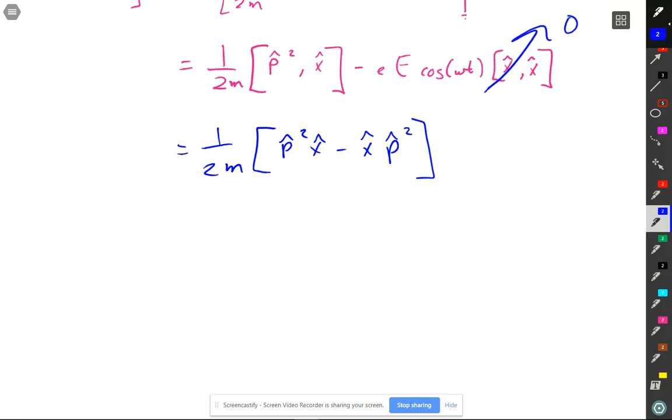And then there's kind of a tricky thing to do to simplify your work. And I should have changed that to a parenthesis rather than the bracket, just so it didn't look like it was still a commutator.